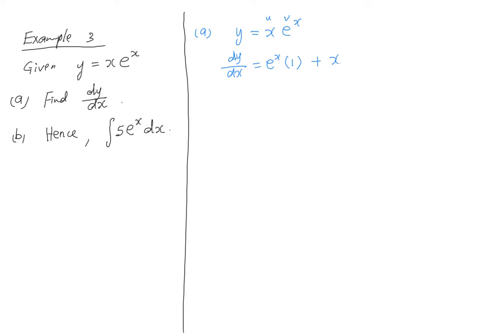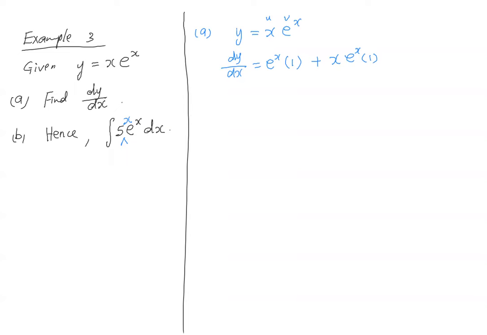Oh, sorry, my question is wrong for part B. Put an x there. e to the power x times 1. My error, part B. So put an x there: 5x e to the power x. Okay, so now, done, huh?